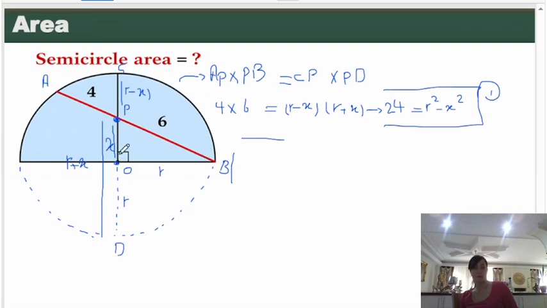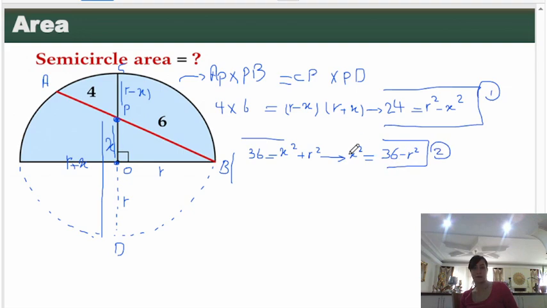So the Pythagorean theorem says hypotenuse to the power of 2, which is 36, equals this side to the power of 2, which is x squared, plus this side to the power of 2, which is r squared. I try to get x squared as my subject, so x squared equals 36 minus r squared. My step 2.